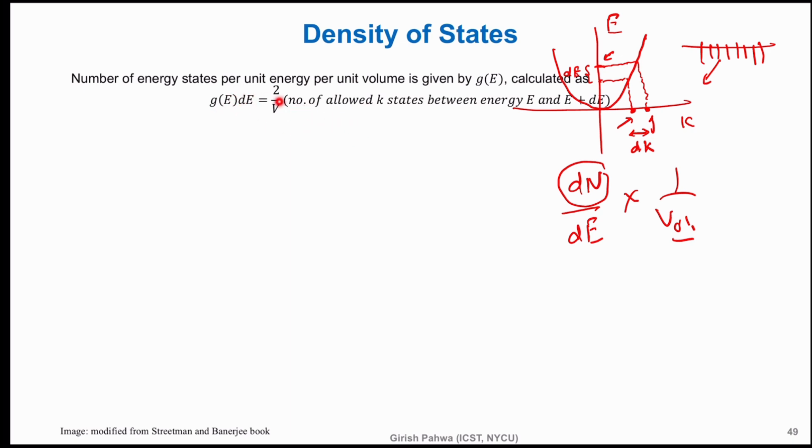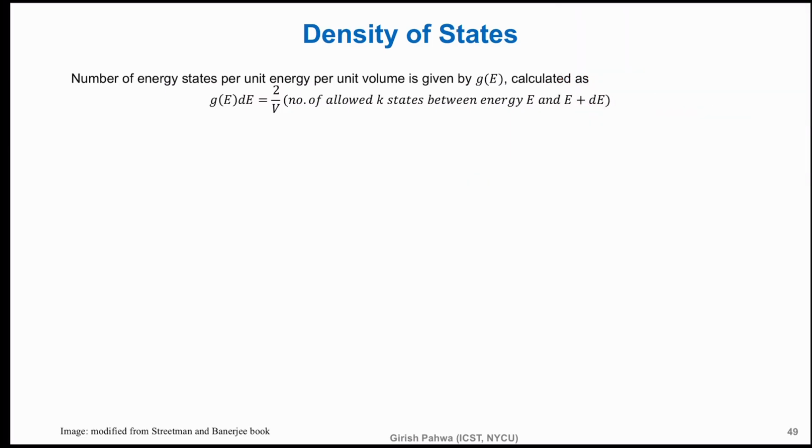So G(E) equals 2 by volume into the number of allowed states between E and E plus dE. Or you could have simply written it this way also. So this is the definition.